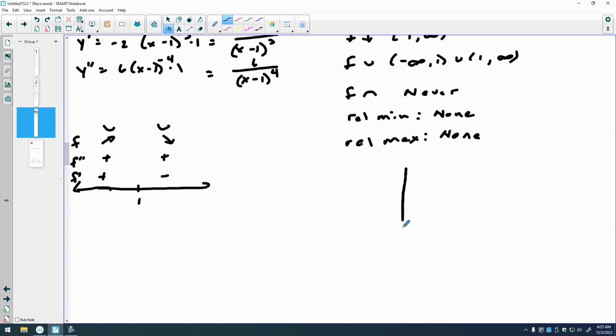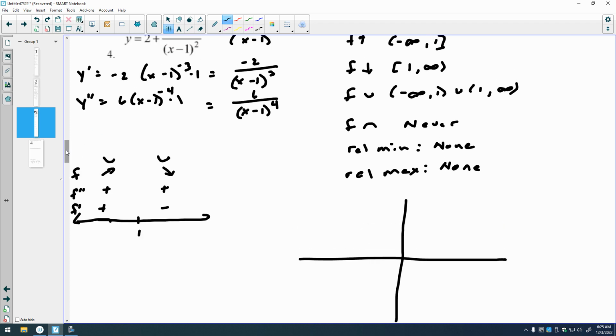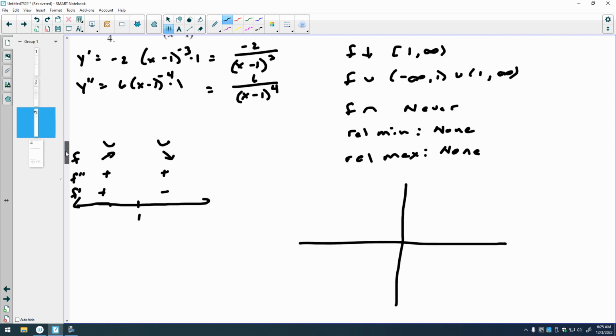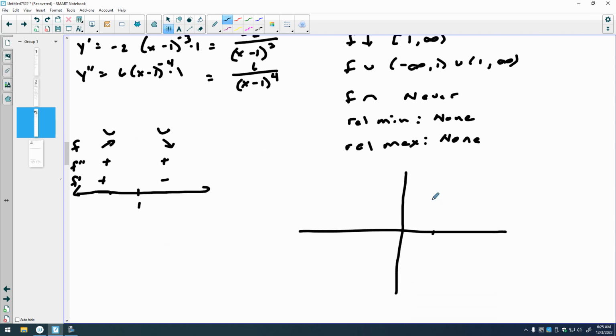All right, sketch a graph of that. At x equals 1, we just said that's our critical value, but it's not defined there. It is a vertical asymptote. It is concave up on this side. It is concave up on this side.